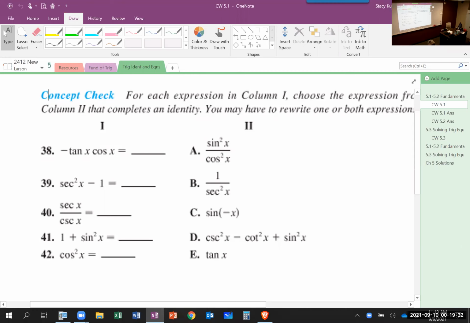Anytime we see a squared term and a 1, you're going to think Pythagorean. How does that help?